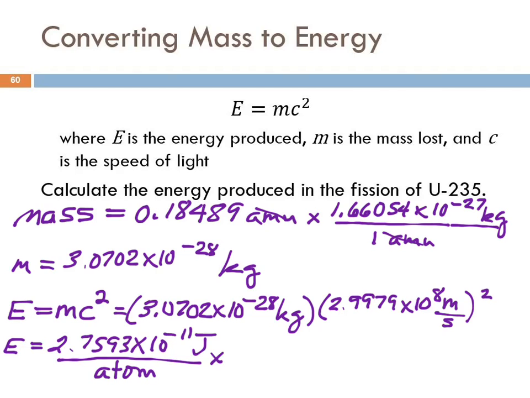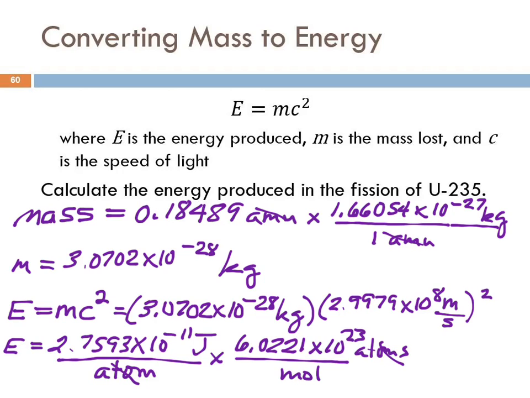How would we find per mole? Avogadro's number. 6.0221 times 10 to the 23rd atoms per mole. And the atoms cancel out.